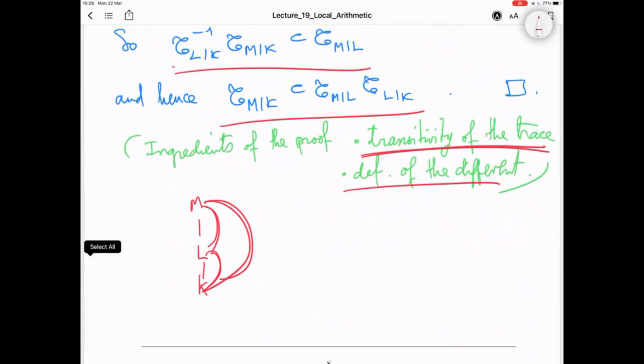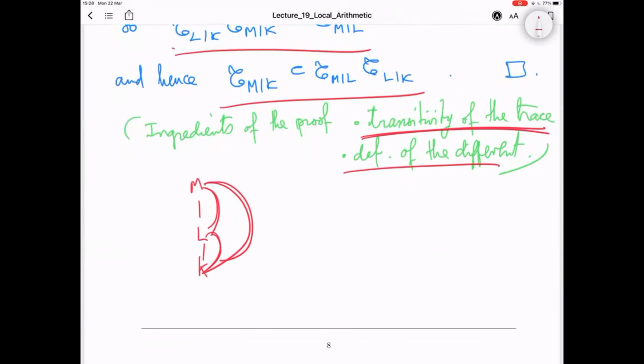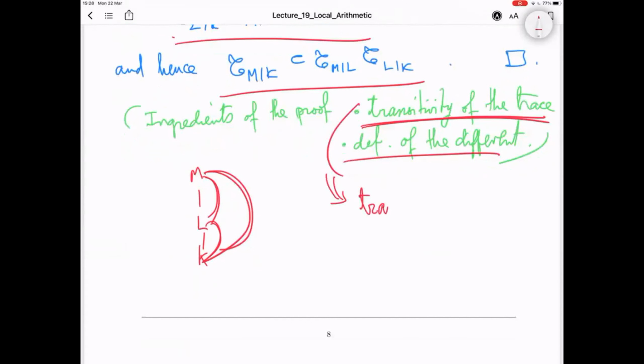So these two things imply the formula for the transitivity of the different. Okay.